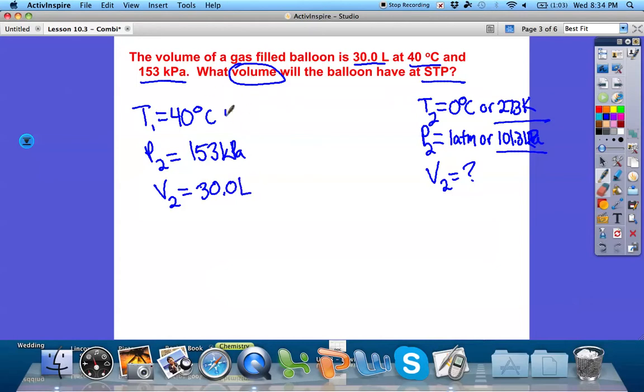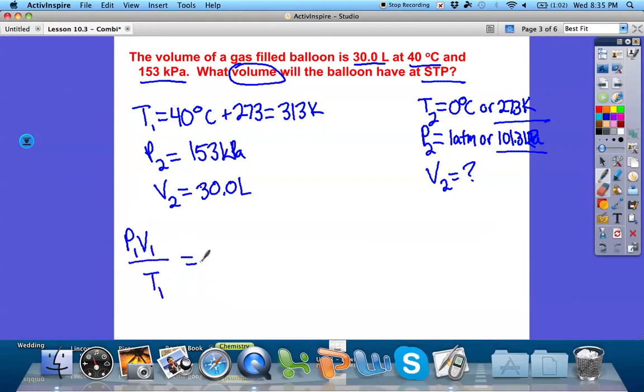We need to add 273 to 40 to get our temperature in Kelvin, which is 313 Kelvin. And since we have the 101.3 kilopascals, we can use that. So now we're good.